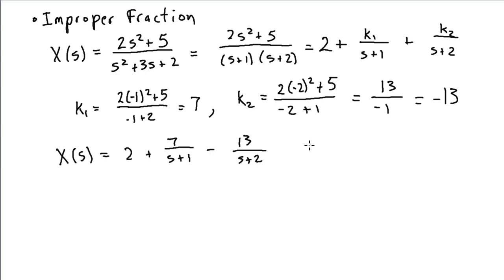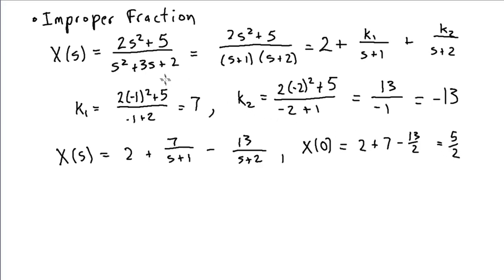Again, a quick check here is evaluating at just one value of s. Let me try s equals 0 here. In this case, from the partial fraction expansion, I'm going to get 2 plus 7, and then I'll get minus 13 halves. So that actually simplifies to 5 halves.